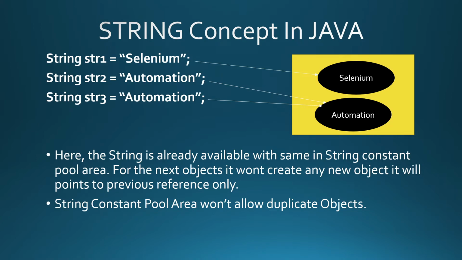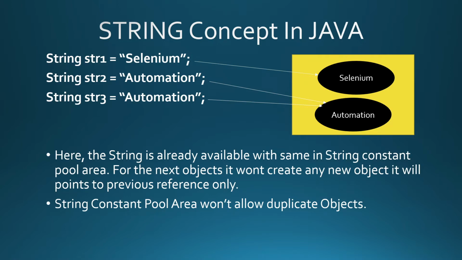The description here is that the string is already available in the string constant pool area. For example, automation is already available, and again we created one more automation, and it is again stored in the same memory, the string constant pool area.